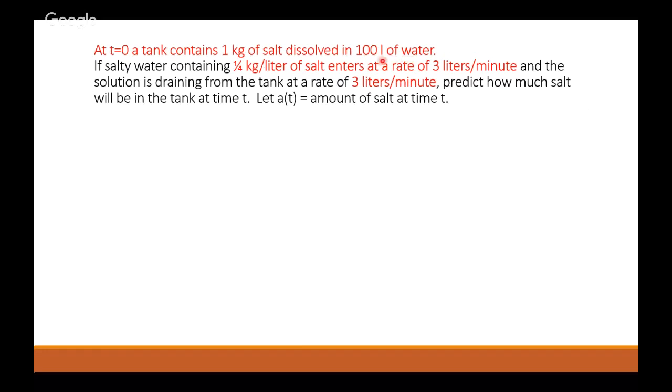Now our concentration is 1/4 kilogram per liter. That is the amount of salt we're putting into the tank, which is significantly more than what we have in the tank.